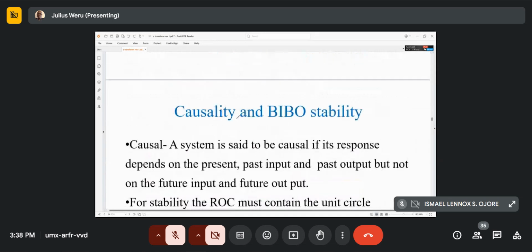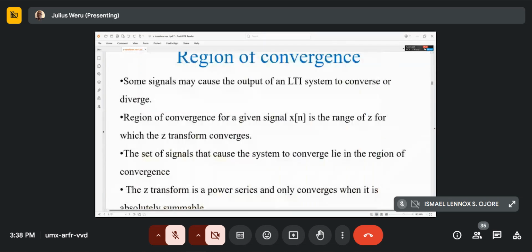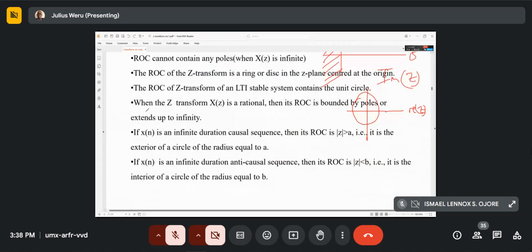We are going to see the different cases. The ROC of a stable LTI system contains the unit circle. It means the ROC must include part of this.